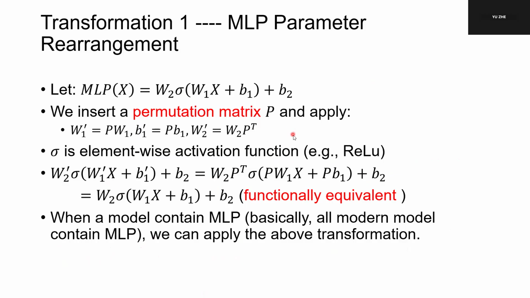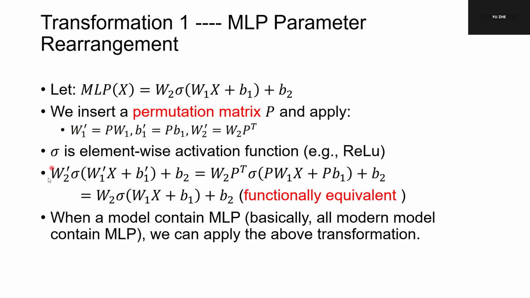Let me give two examples of this transformation. First is MLP parameter rearrangement. Here is a common definition of MLP. If we insert a permutation matrix P so that W1 becomes W1 prime, and W2 becomes W2 prime, then the parameters of this MLP change, since W1 prime and W1 are different.